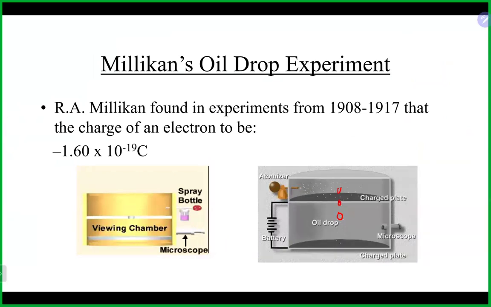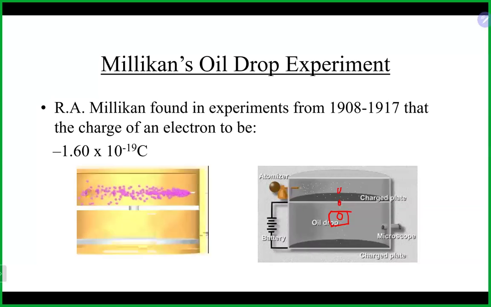As it would fall from the friction, it would pick up a charge. And within this chamber, he had an electrical field, so he had the positive, negative plates within there. And he was able to adjust the electrical field in such a way that the oil droplet just kind of hung there and didn't go up, didn't go down. And so he was able to dial in the electrical field to figure out the charge on the electron. So I think that's what this is right here.